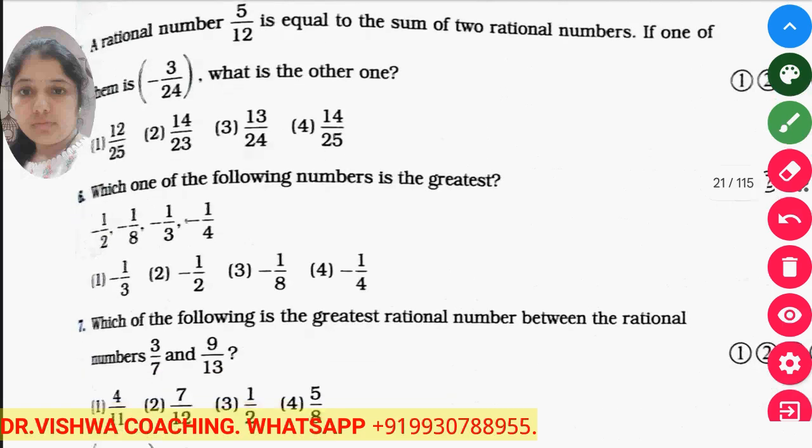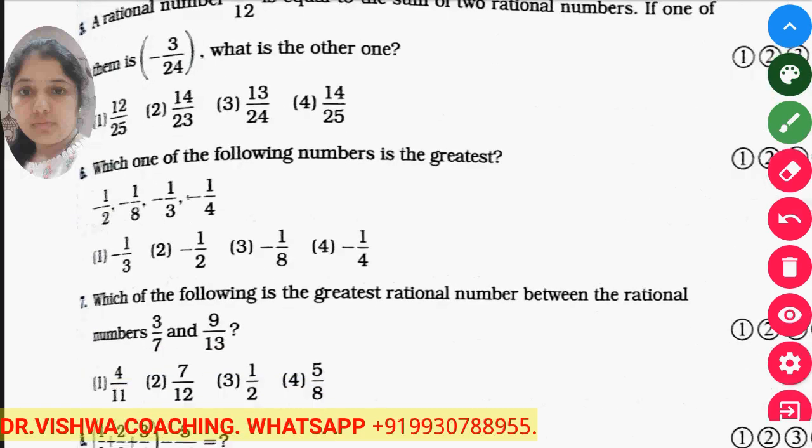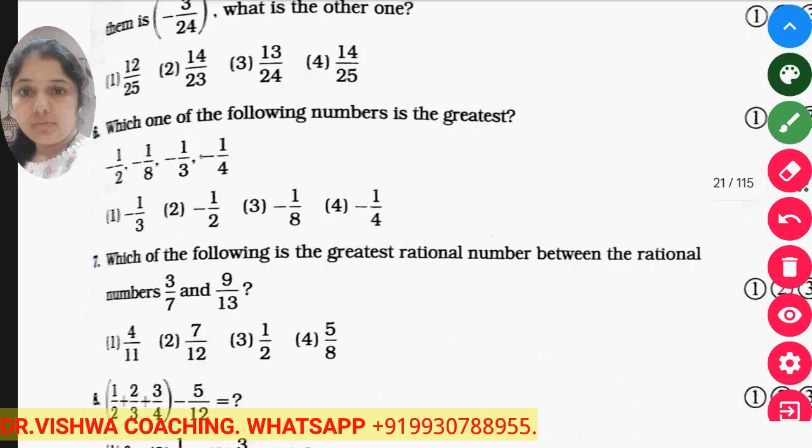Okay. Which of the following numbers is the greatest one? Again the same thing is there. They have a common numerator and the numbers are negative. So when numerators are common and the number is negative, which denominator is greater or smaller?